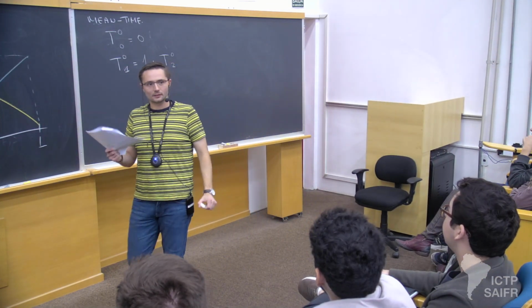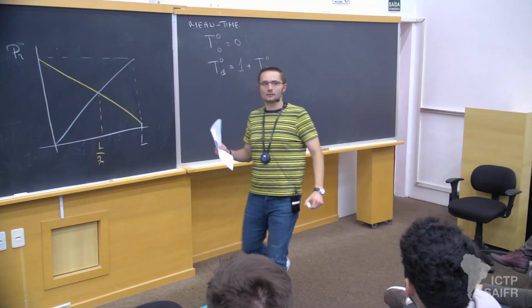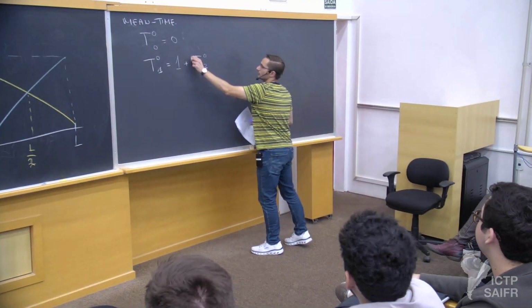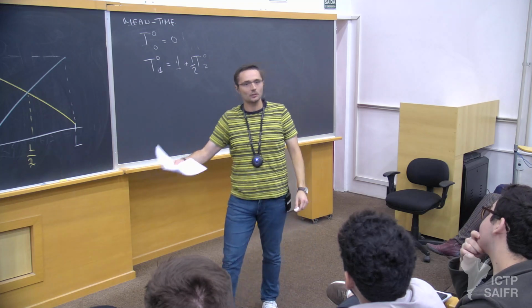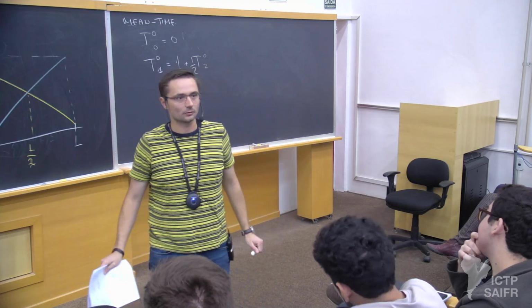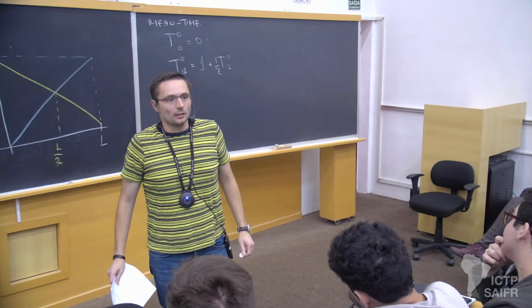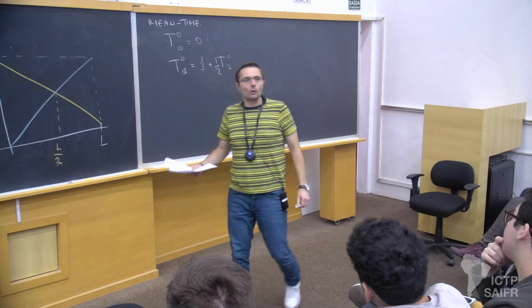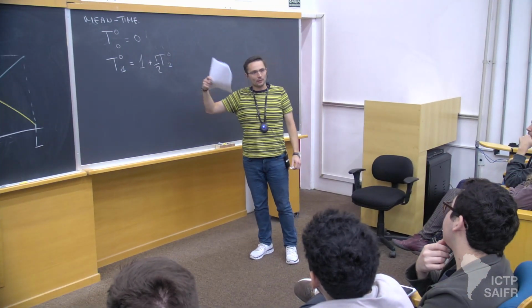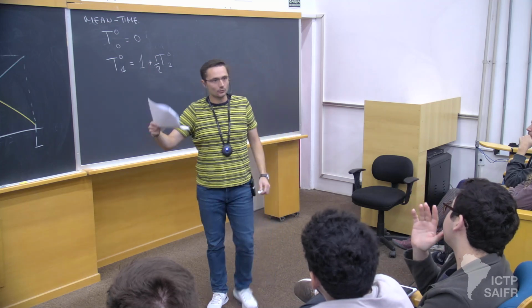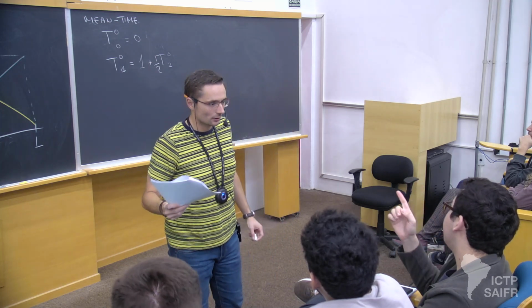Why? Yes. I need to take into account the probability that I get to the neighbor times the time to reach it from the neighbor. Why can I write this like this? Again, because my random walk is Markovian and the mean value is a linear operator.